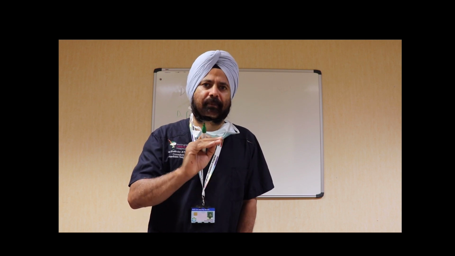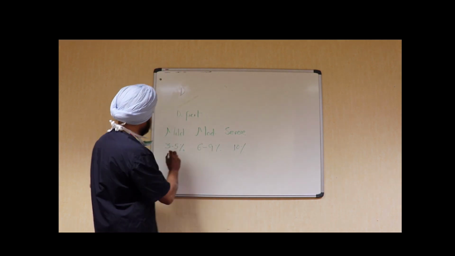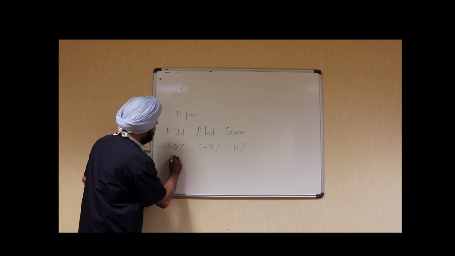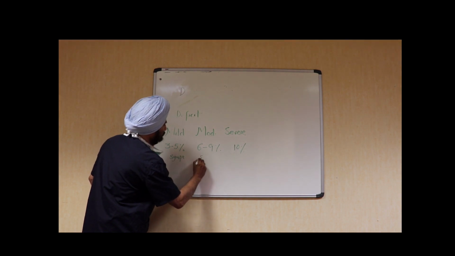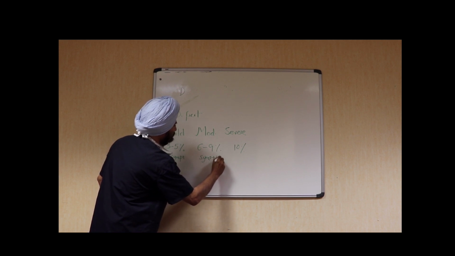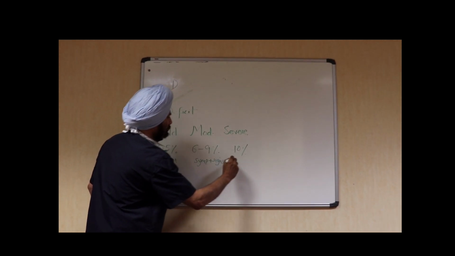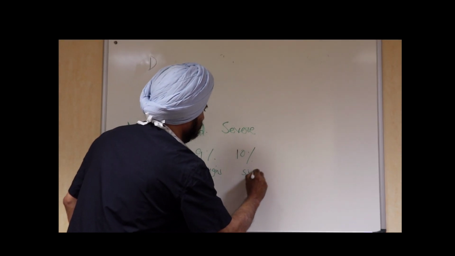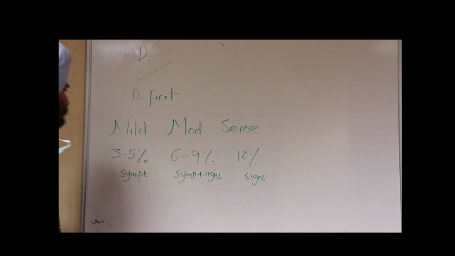And if you have only signs and no symptoms, in other words, you do not complain, that means you are in shock or you are severely dehydrated. So I would write it here: symptoms predominantly in mild dehydration, symptoms and signs in moderate dehydration, and signs only in severe dehydration.